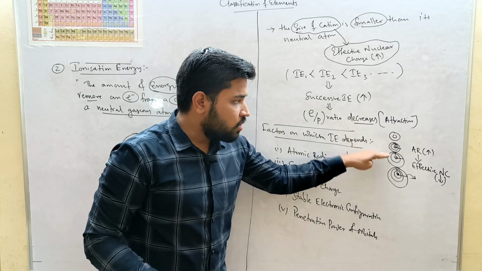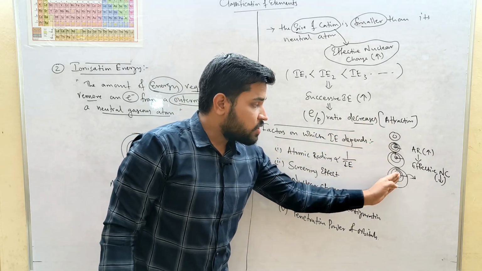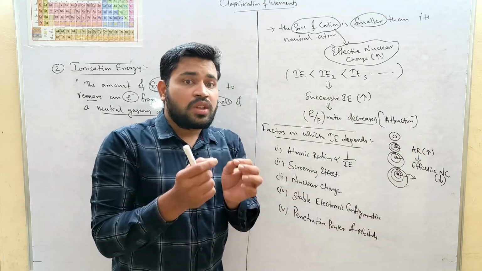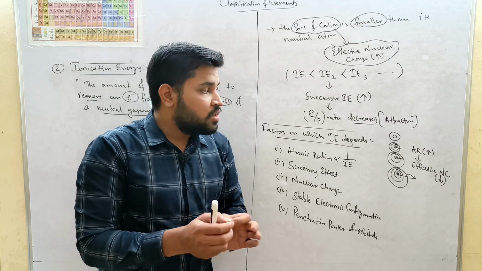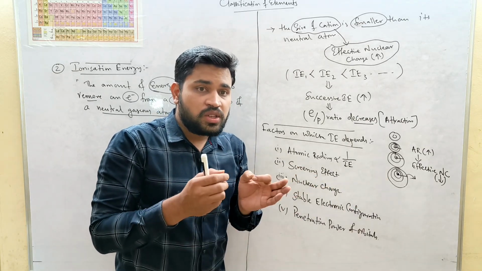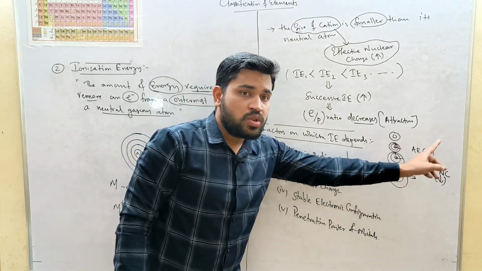So from this we understood that as the number of shells increases while going down the group, the electrons experience a decrease in effective nuclear force of attraction, or a decrease in effective nuclear charge.